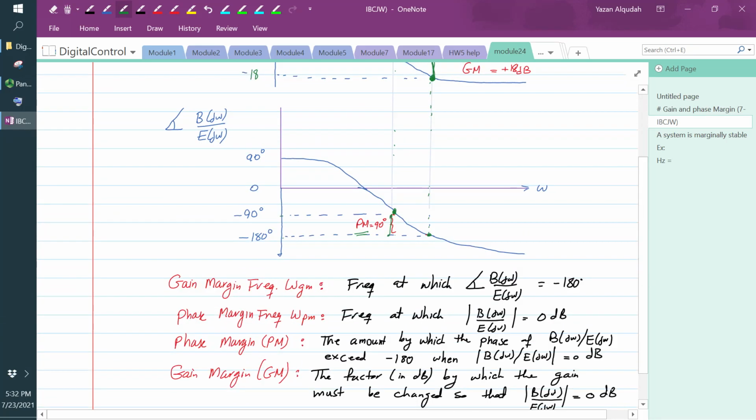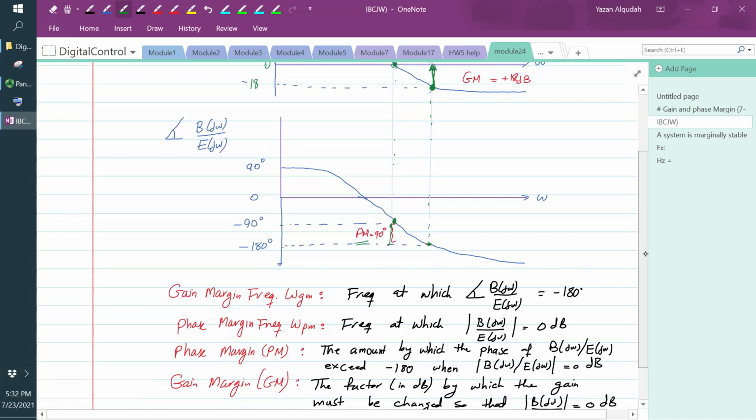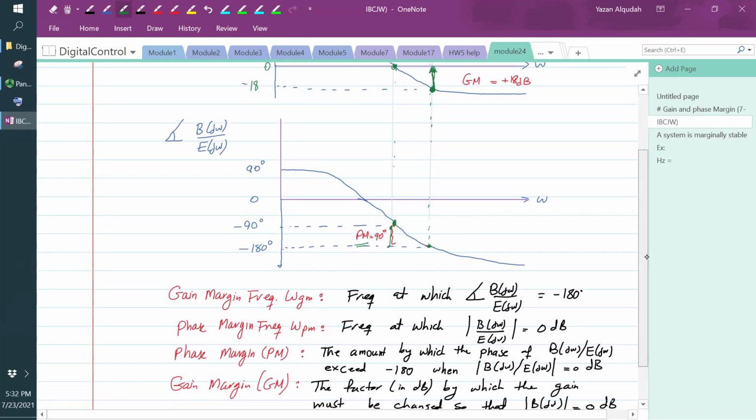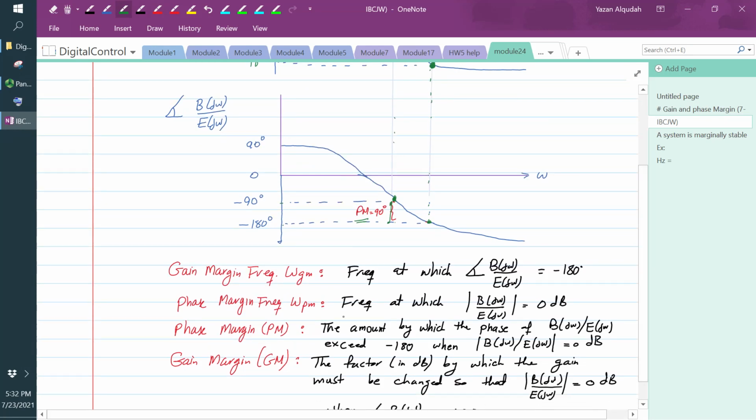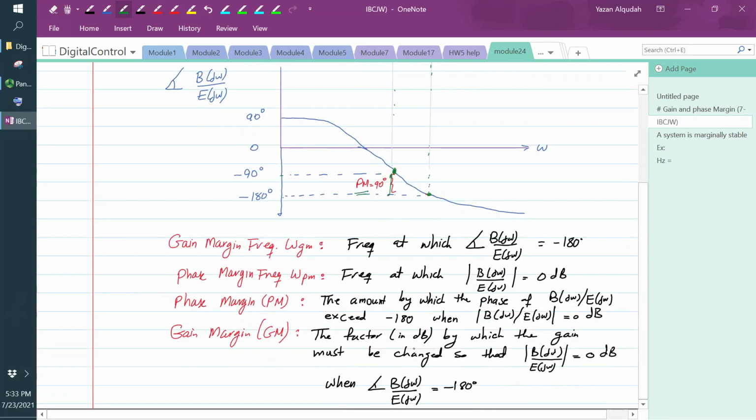Okay, so we defined the gain margin frequency, the frequency at which the phase is negative 180 degrees; the phase margin frequency, omega pm, the frequency at which the magnitude is 0 dB; the phase margin, the amount by which the phase of B over E exceeds negative 180 when the magnitude is equal to 0; and the gain margin, the factor in dB by which the gain must be changed so that B over E is equal to 0 dB when the phase is equal to negative 180.